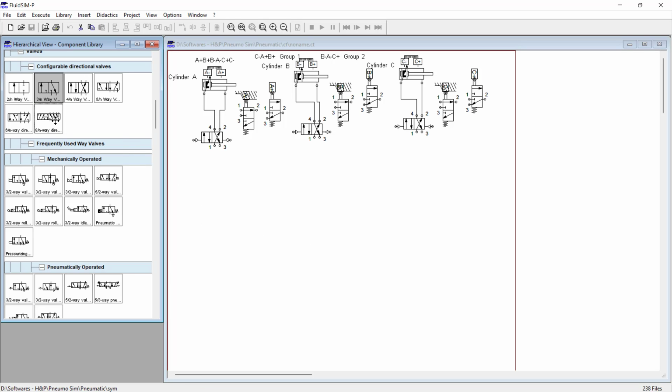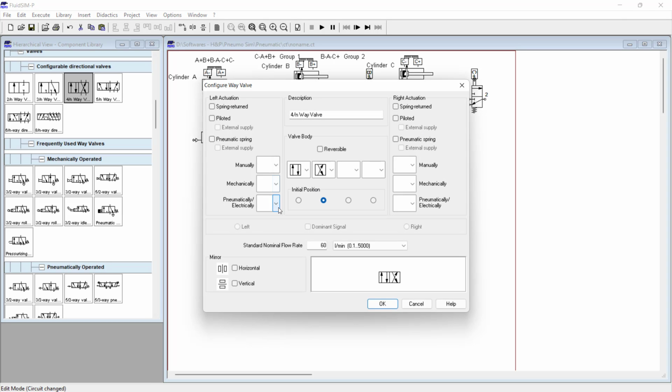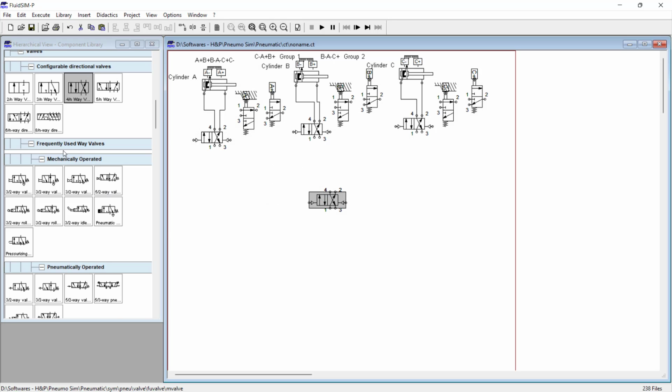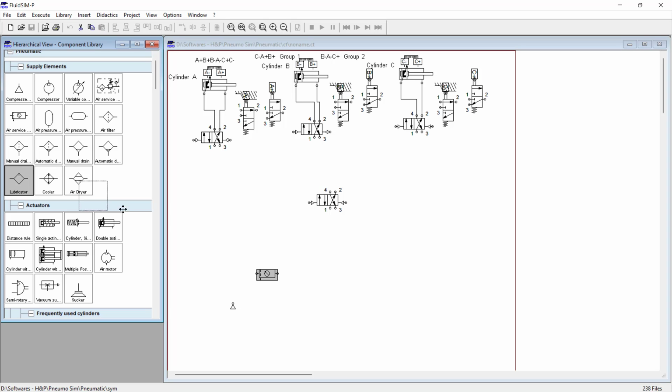Now the group changing valve. We require one group changing valve. That should be a 4x2 direction control valve, and that should be pilot operated. Next we need to use the air service unit: compressor, filter, regulator, and lubricator.